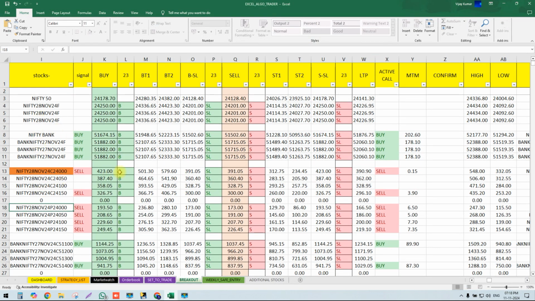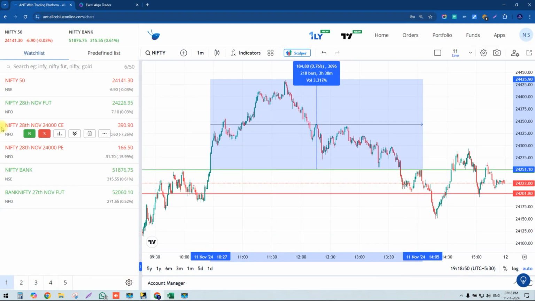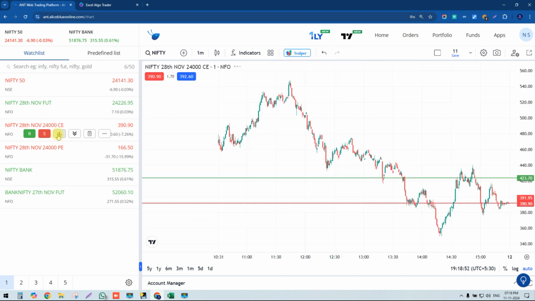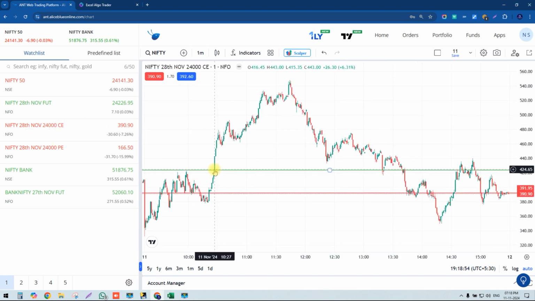Okay guys, we'll come back to the Nifty call option. Here, 423 in the Nifty call option, buy was generated. Sorry, this green refers to buy, and at 423 here buy was generated. Exactly here buy was generated in our breakout strategy, and the market went up to 547.